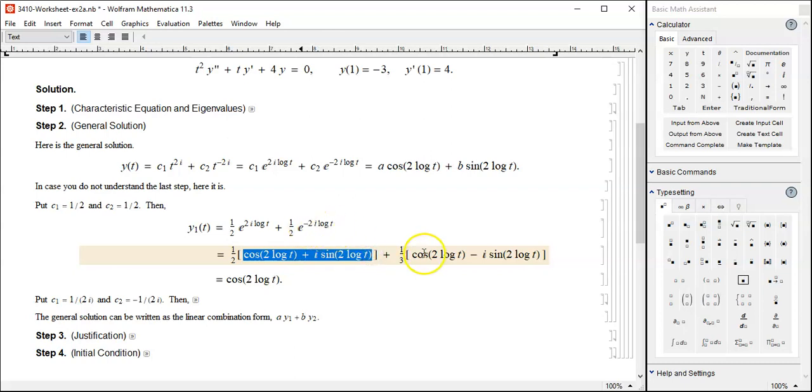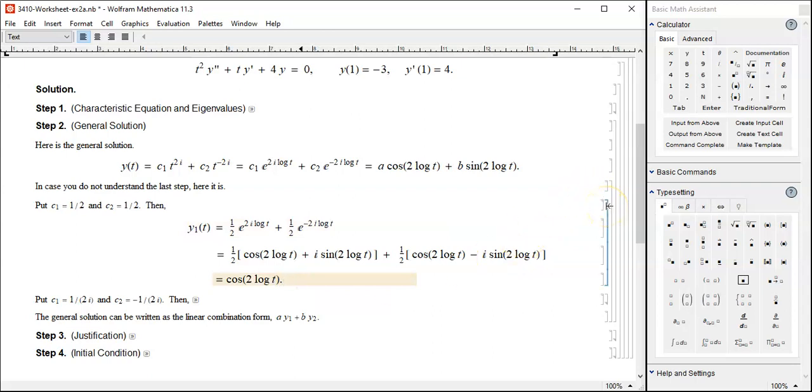And then this one is negative, so cosine of theta minus i sine of theta. And if you add them up, oops, typo here, this should be 1/2. So this i part and this minus i part cancel each other out. You get only the cosine part. So by selecting C1 and C2 appropriately, we got one solution. y1 is equal to cosine of 2 log of t.